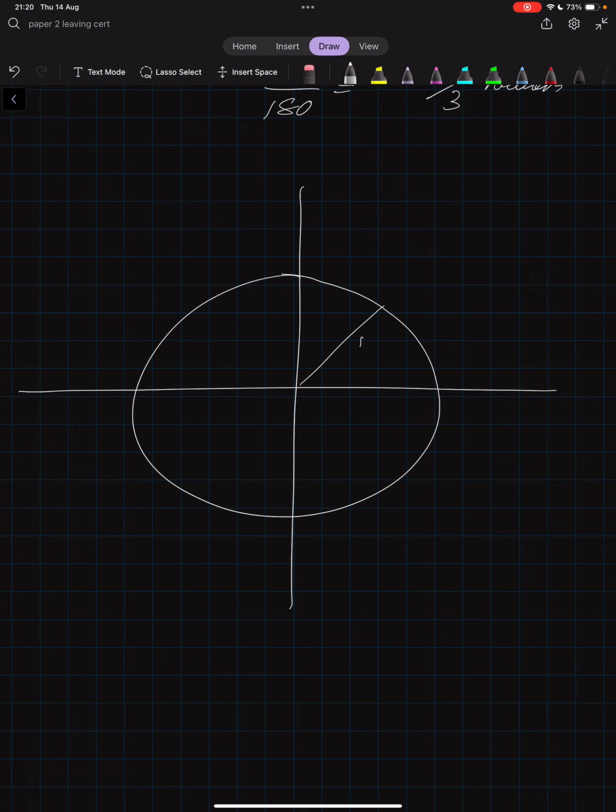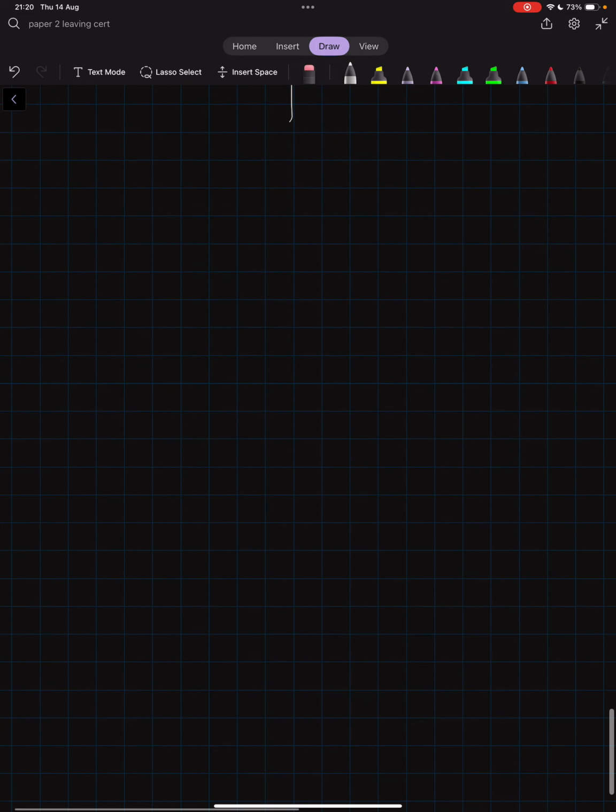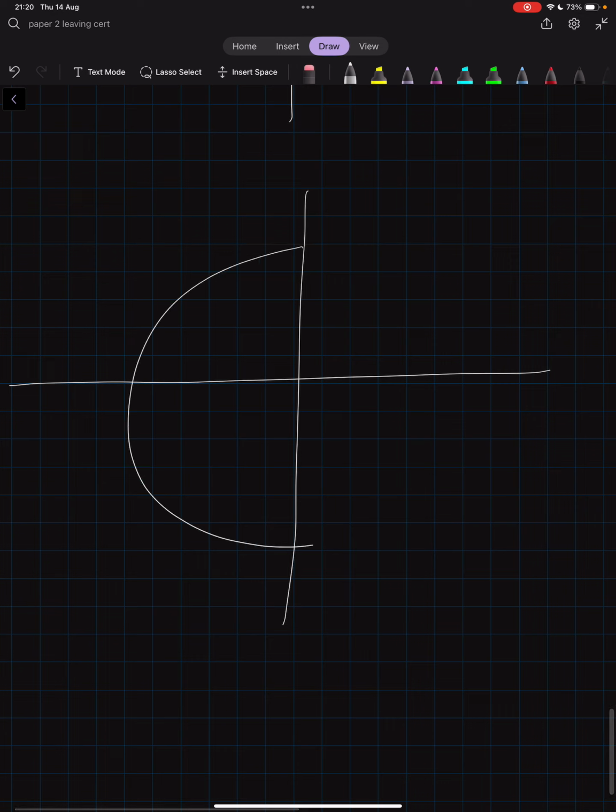where the radius is 1 unit. That's it. Again, this is y, this is x. You have the points (1, 0), (0, 1), (minus 1, 0), (0, minus 1), and a load of other points in there. Now, any point on the circle you can rewrite.